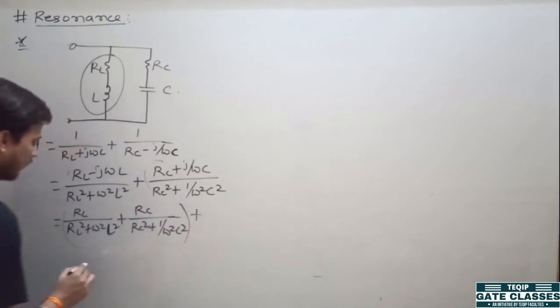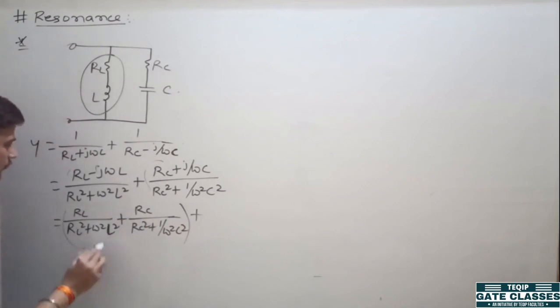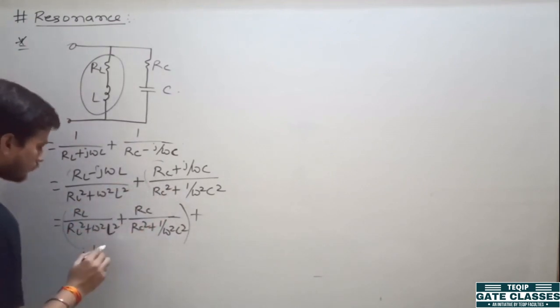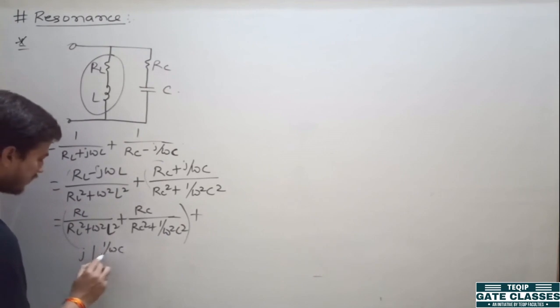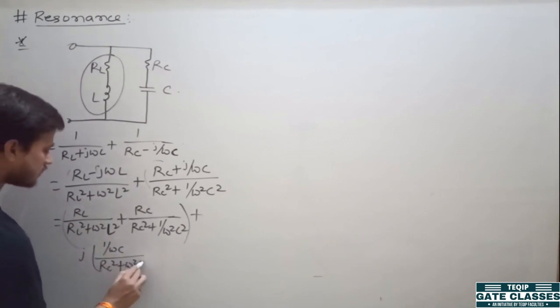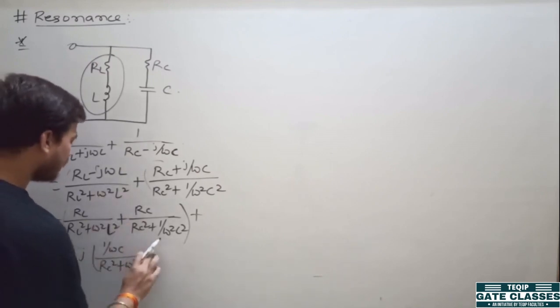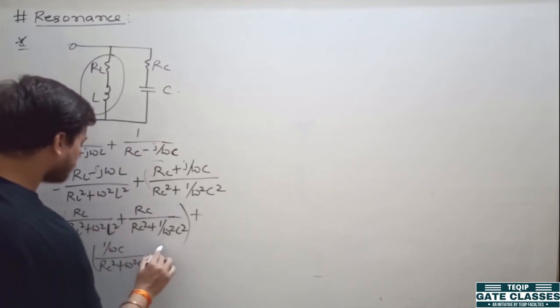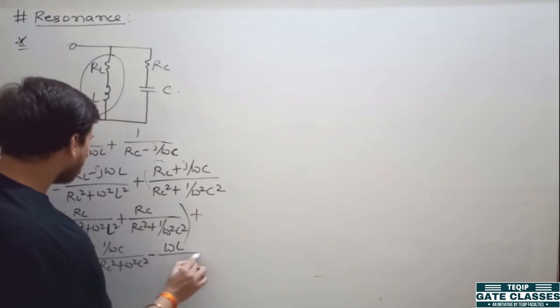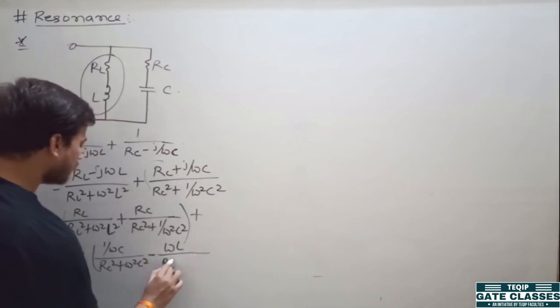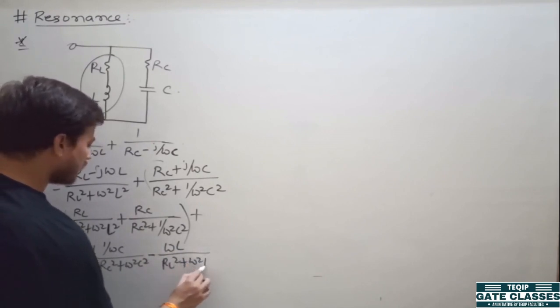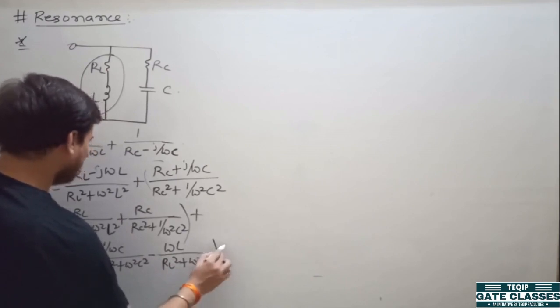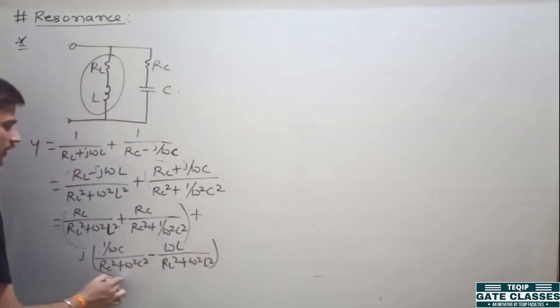Plus the imaginary term is coming like J into 1 upon omega C divided by RC square plus 1 upon omega square C square, and here it will be minus omega L divided by RL square plus omega square L square. This is the imaginary term.